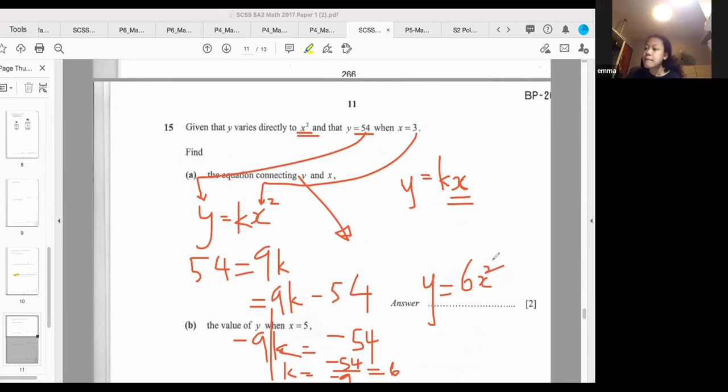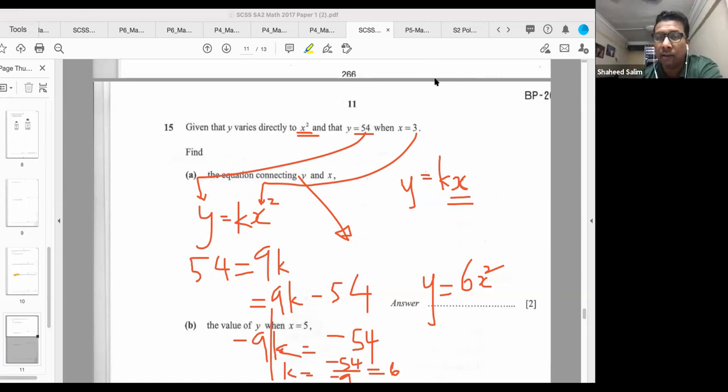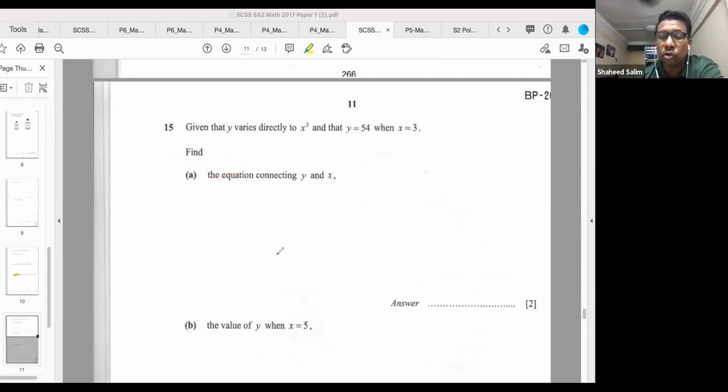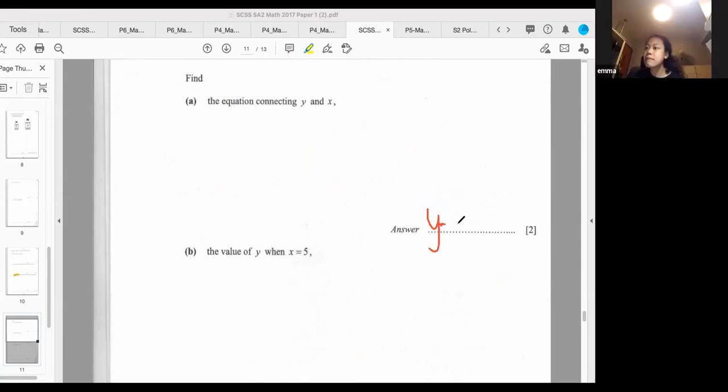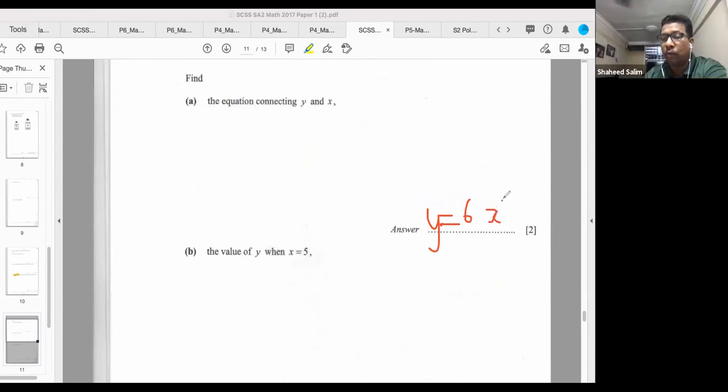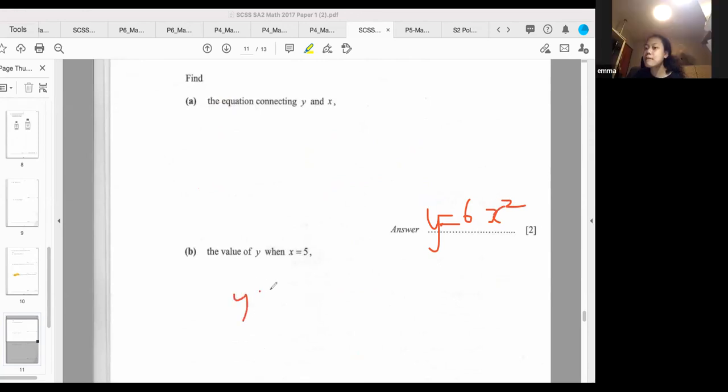Now, once they give you like that, then you got to solve this. Now you put inside the equation and solve it. Okay, again, this is the equation. Y equals to 6x squared. You want to find what is y. You substitute the value of x inside and then find what is y lah. Okay.